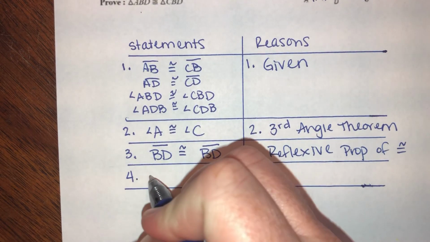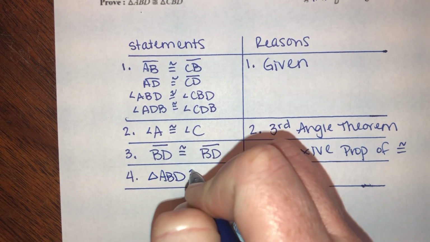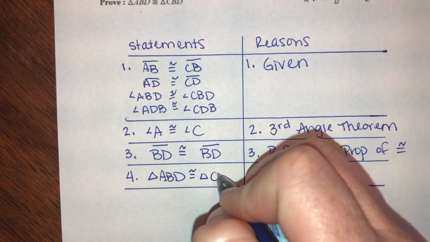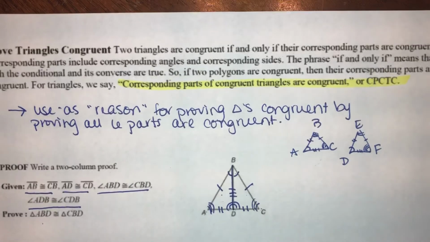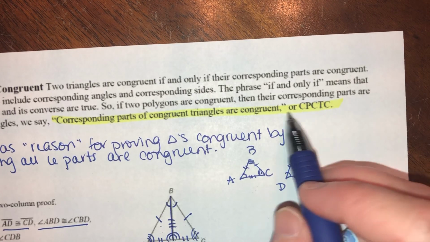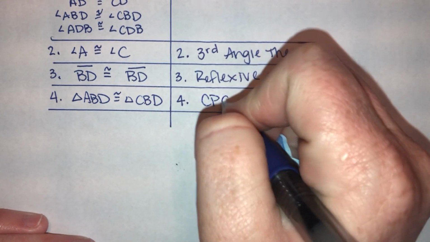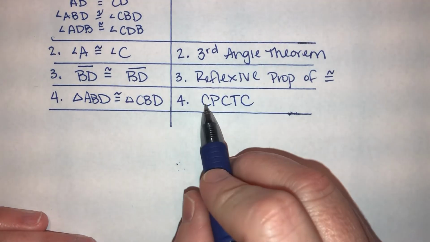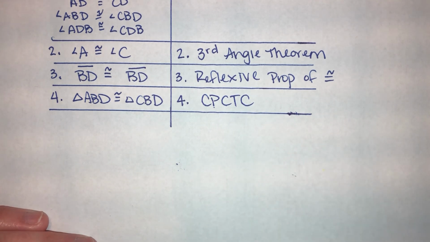So I'm going to repeat it. Triangle ABD is congruent to triangle CBD. And what's my reason? Whenever I show that all 6 parts of one triangle are congruent to all 6 parts of another, my reason is always CPCTC. Corresponding parts of congruent triangles are congruent.